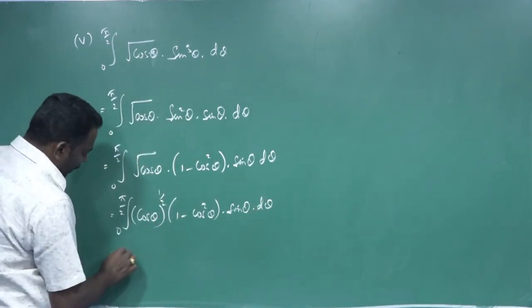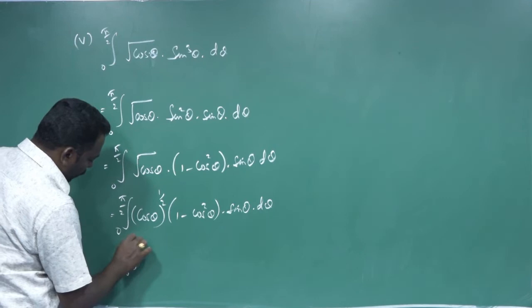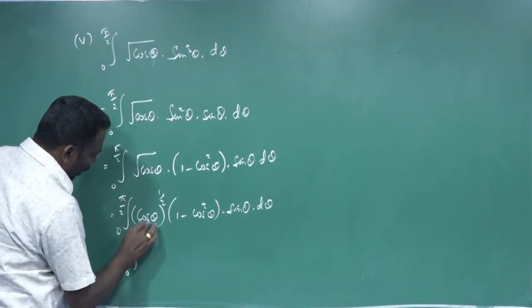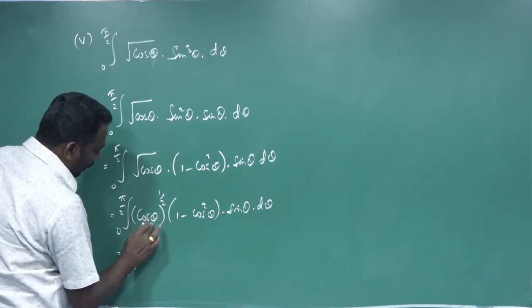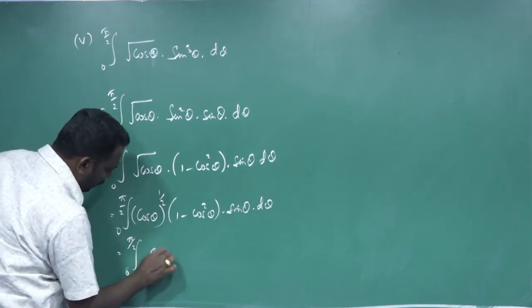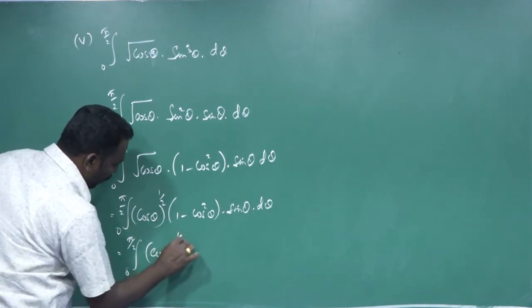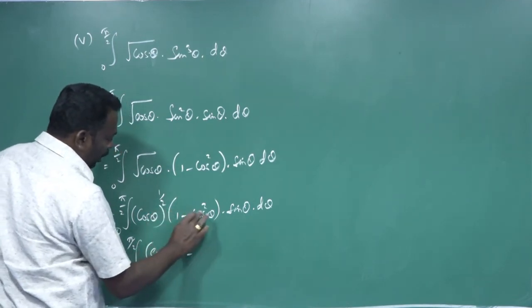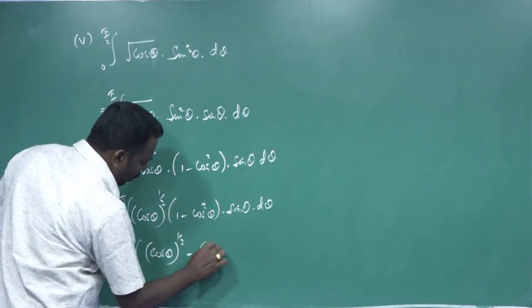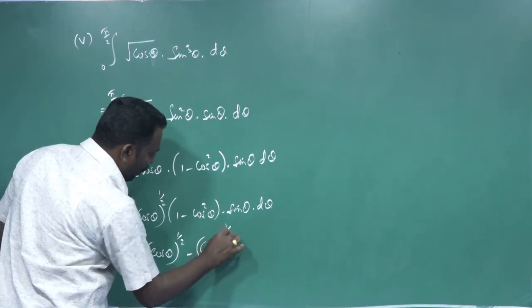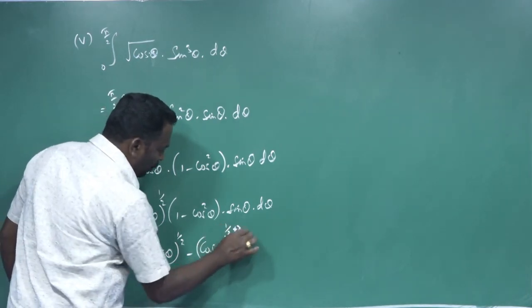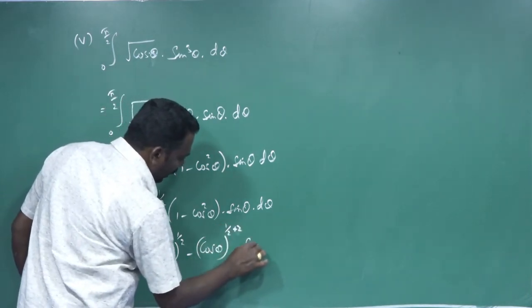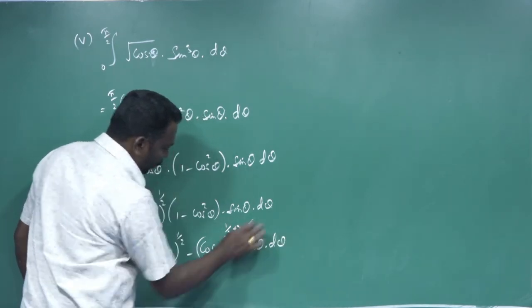Now just multiply in the bracket, integral 0 to pi by 2 of cos theta power 1 by 2 into 1 is cos theta whole power 1 by 2, minus cos power 1 by 2 into cos power 2. It is equal to cos theta whole power 1 by 2 plus 2 into sin theta into d theta.